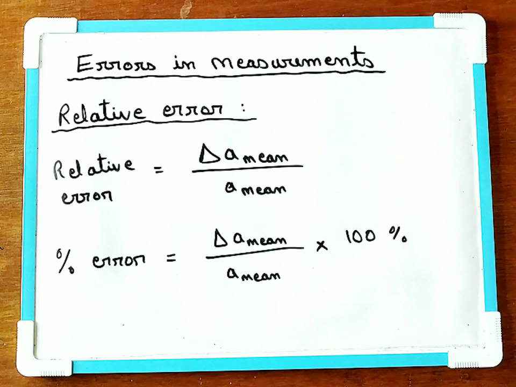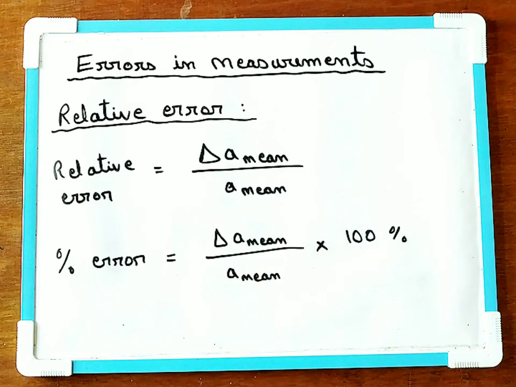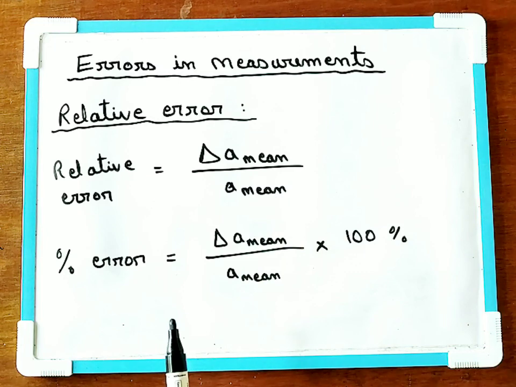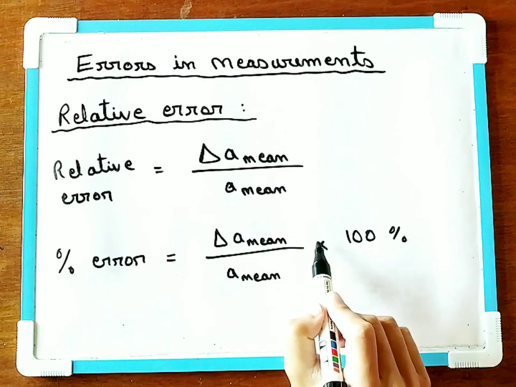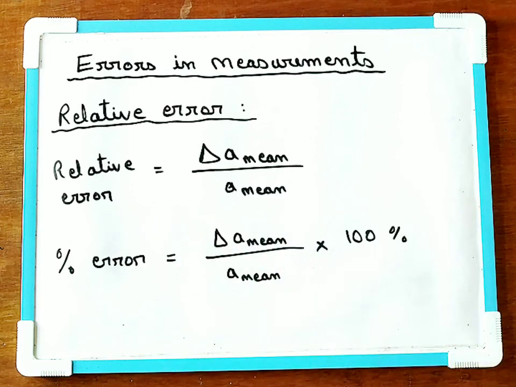After you find the absolute error, you can find the relative error just by dividing it by the true value, and you can also find the percentage error just by multiplying this relative error by 100. Okay, so this is how you will calculate errors in measurements. And remember all these formulas, you'll be using them in your practical classes.